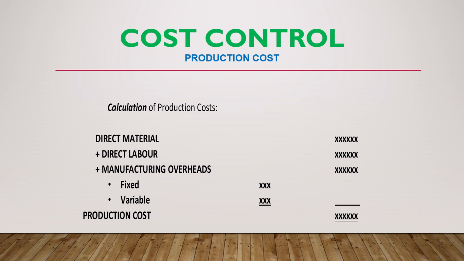Now, before we move further, let's just show how the production cost is calculated. Production cost is made by adding direct material plus direct labor plus manufacturing overhead. Remember, manufacturing overhead is divided into fixed manufacturing overhead and variable manufacturing overhead.